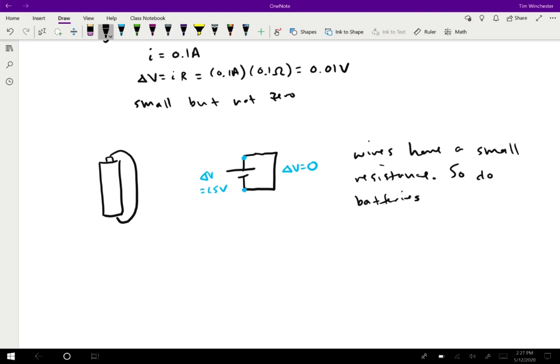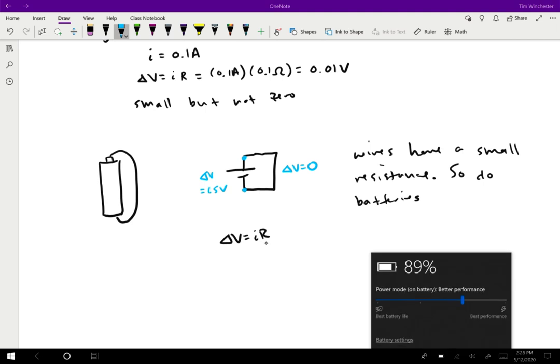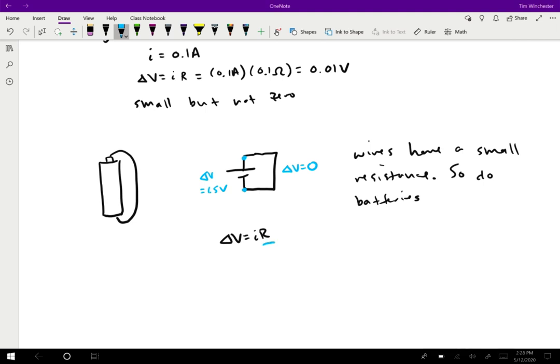So what that means is that we no longer have to rely on that rule. Going back to delta V equals IR, we assumed that the delta V was really small because we assumed that the R was really small. But if we have an R that's not small compared to everything else in the circuit, and we have a delta V that's some reasonable size, then we can have this equation still be true if the current is really big.